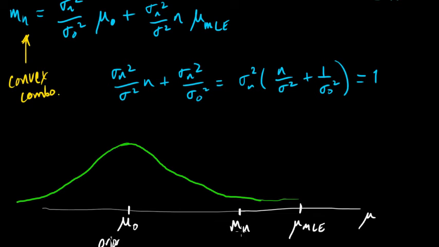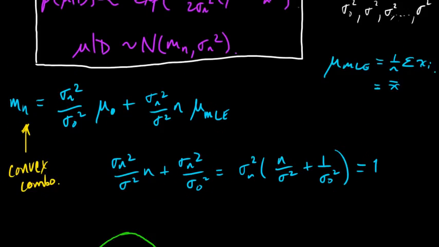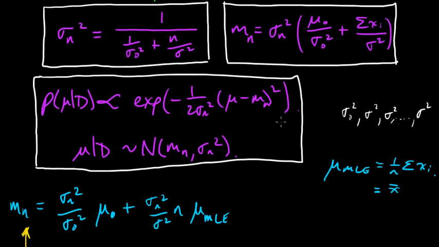And the posterior distribution of the mean, the MAP, has variance sigma n squared. If n is 0, then it's just sigma naught squared, right? It's just the prior variance. So that's nice. When we have no data, we just revert to the prior.